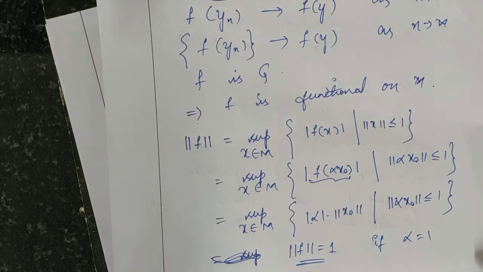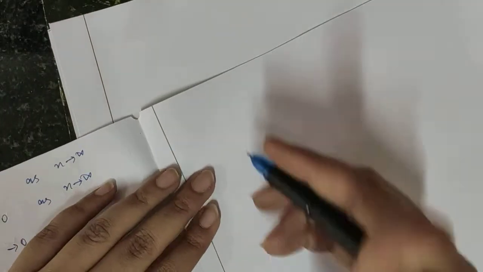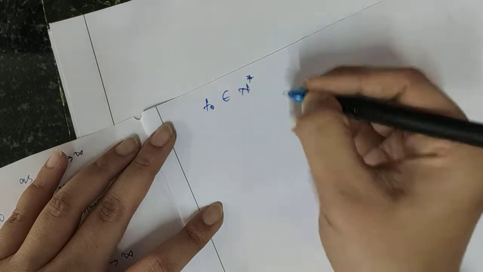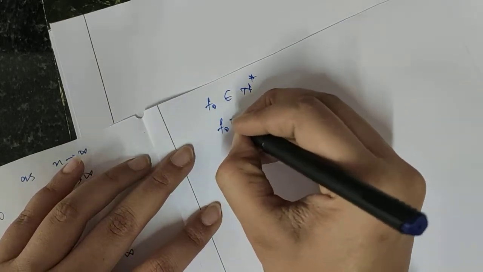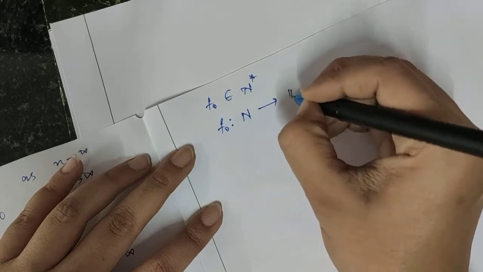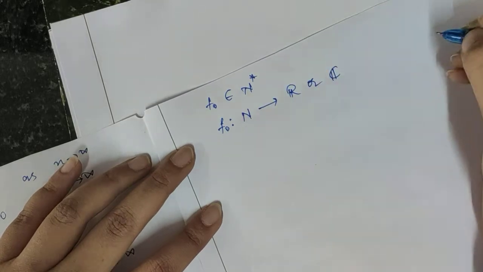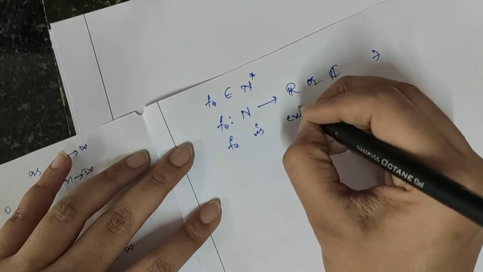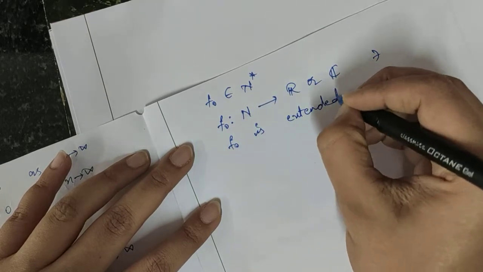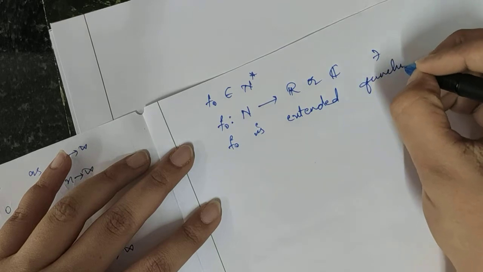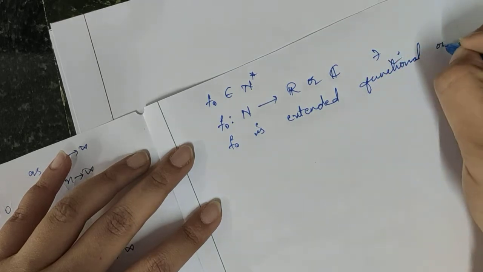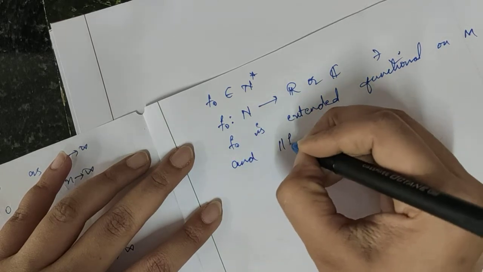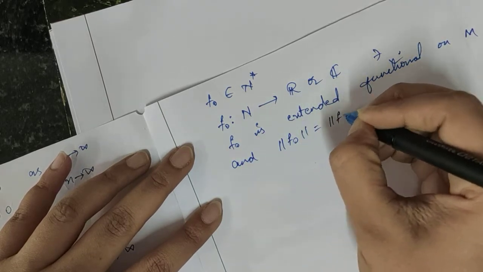So now use your Hahn-Banach theorem. From the Hahn-Banach theorem, and in the statement they have given that f naught belongs to N star, we can define a mapping f naught from N to R or C such that our f naught is an extended functional on M. And we know that from that data norm f naught is equal to norm f.